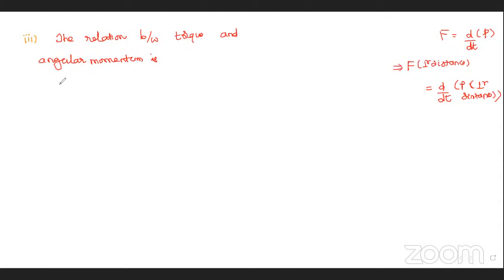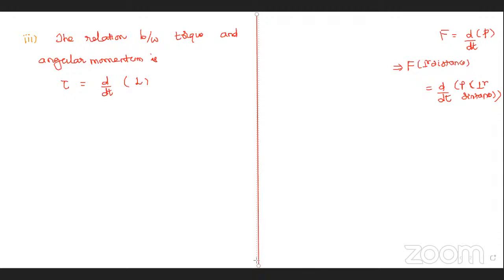Force into perpendicular distance is torque, equal to d by dt of P into perpendicular distance, you know it. That is angular momentum. So tau is equal to dL by dt. We got one formula here, the relation between torque and angular momentum.